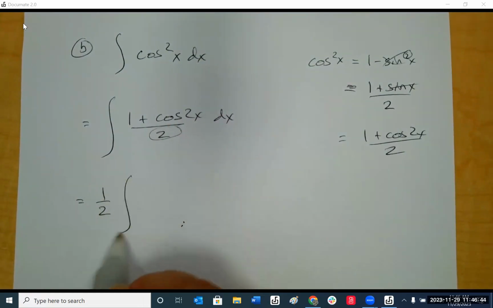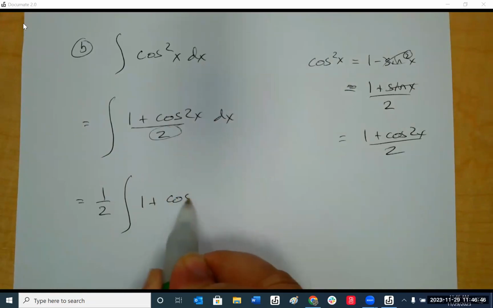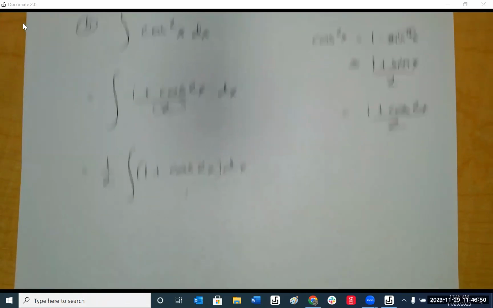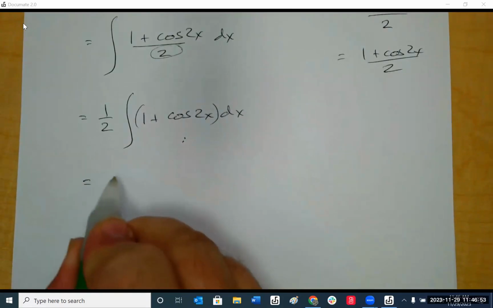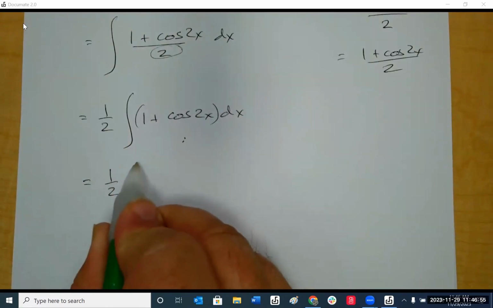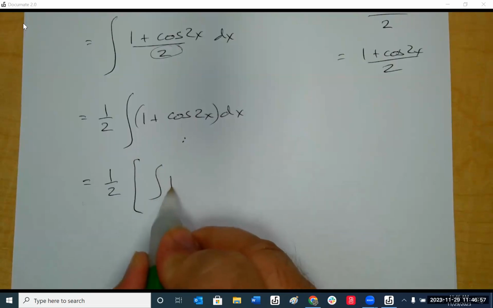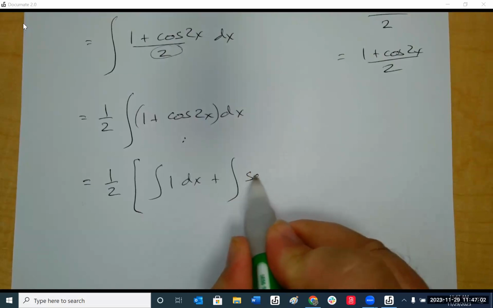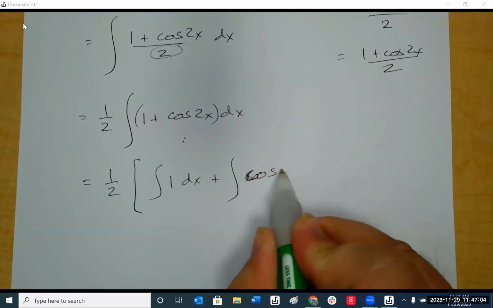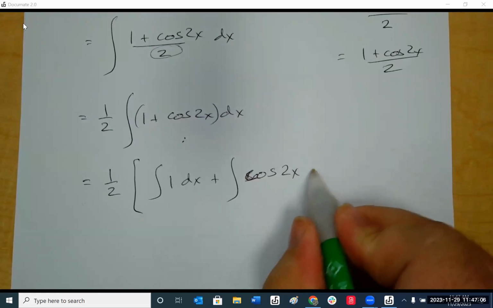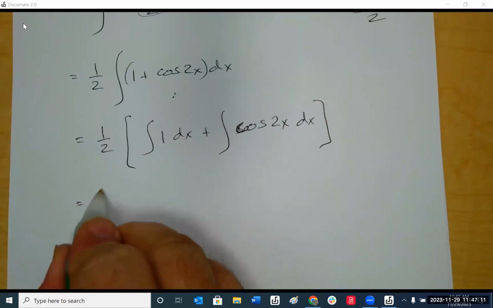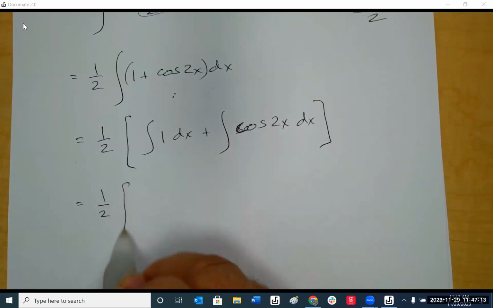The fraction goes out in front. So we could take the two integrals separately. The integral of 1 is x.